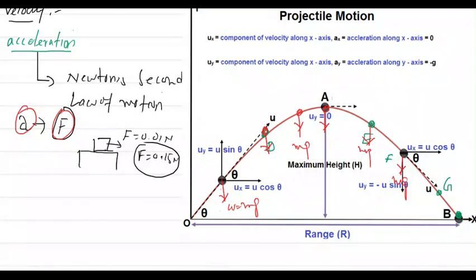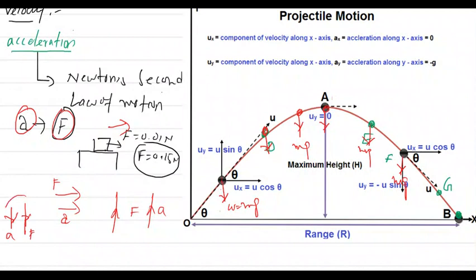What does Newton's law say? Acceleration is always produced in the direction of the force. If the direction of the force is towards east, acceleration will also be towards the east. If the direction of force is towards the north, then acceleration will also be towards the north. And if the direction of the force is downward, then the acceleration will also be downward.